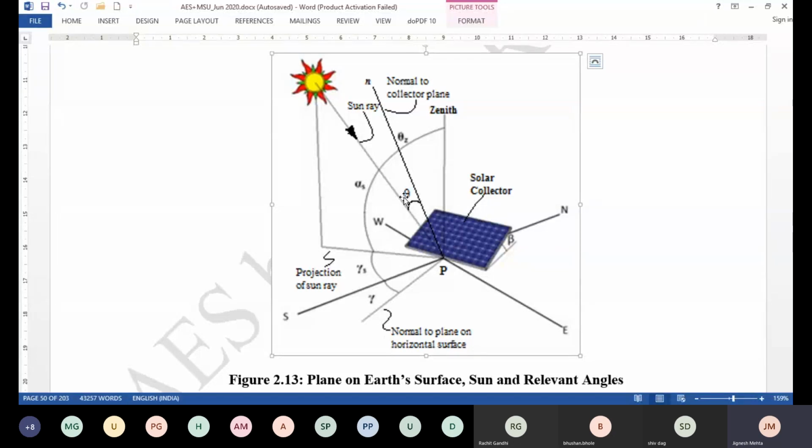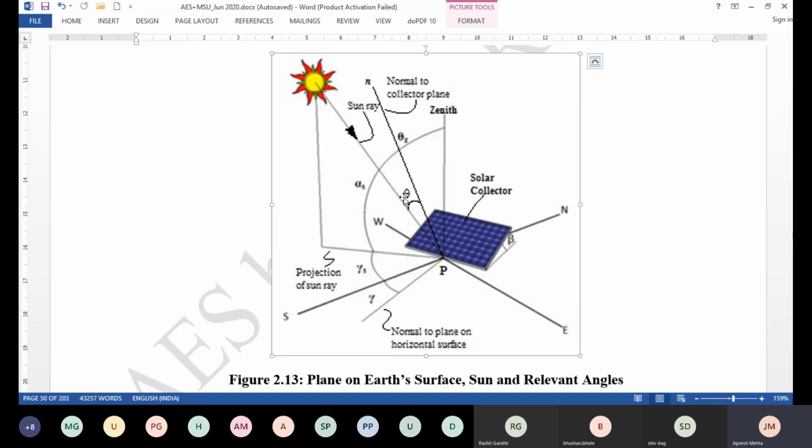But many of the collectors are fixed type of collectors, as you must have noticed that the solar water heater or even solar PV panels, they are fixed collectors. Sometimes some flexibility is given in changing this tilt angle beta, right? So annually you might be changing it a few times.